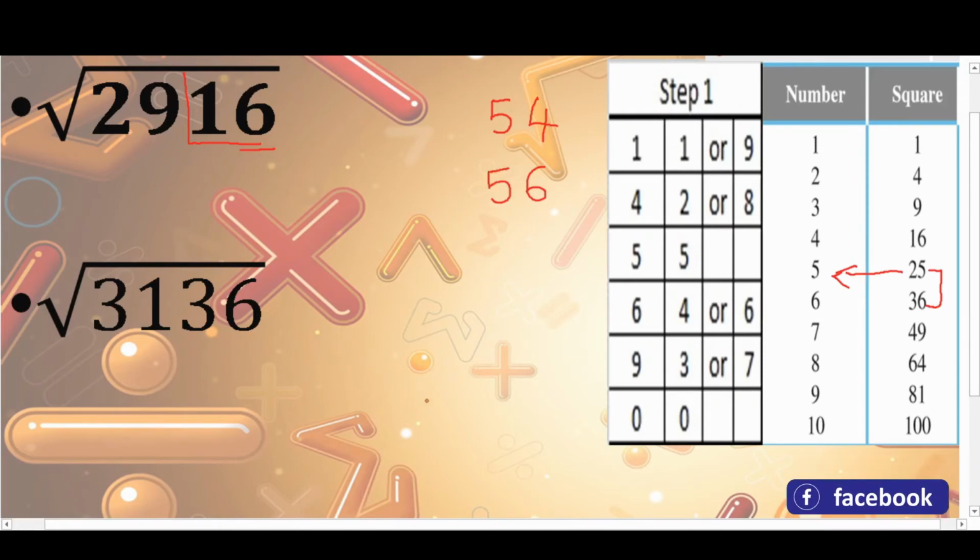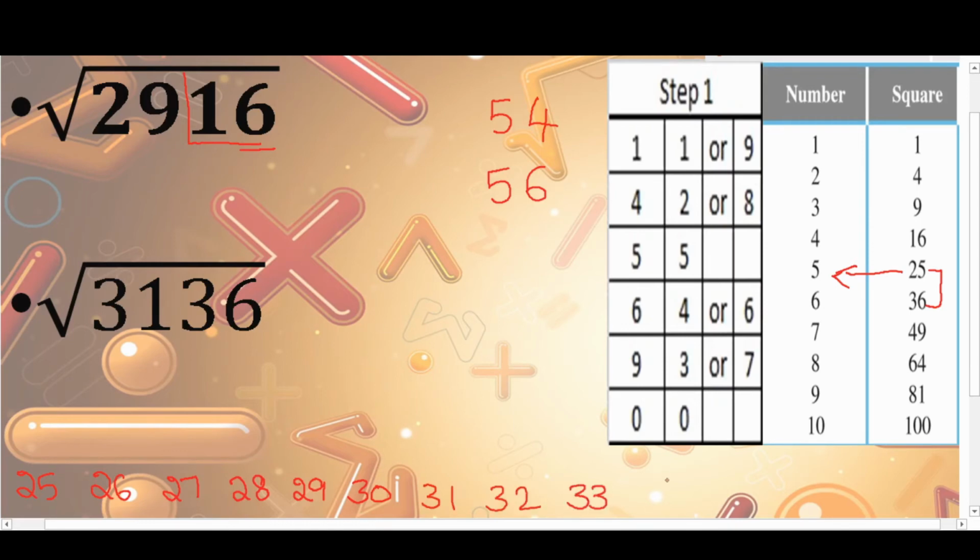Step number 3, for the confirmation whether it is 54 or it is 56, what we need to do? We need to write the numbers from 25 to 36. So let's write 25, 26, 27, 28, 29, 30, 31, 32, 33, 34, 35 and 36.